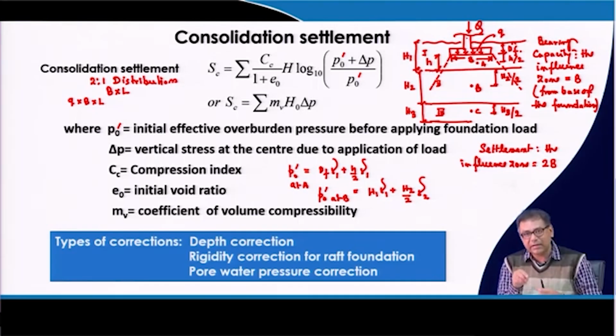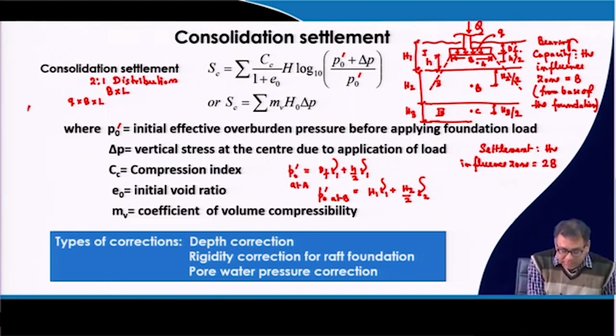So, as depth increases, the stresses due to external loading will decrease. So, del P is the additional stress, or the increment of stress, due to the application of external load. So, now how can I calculate del P? Del P at point B, say.